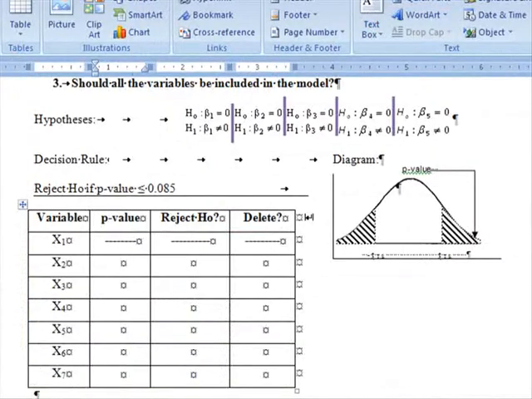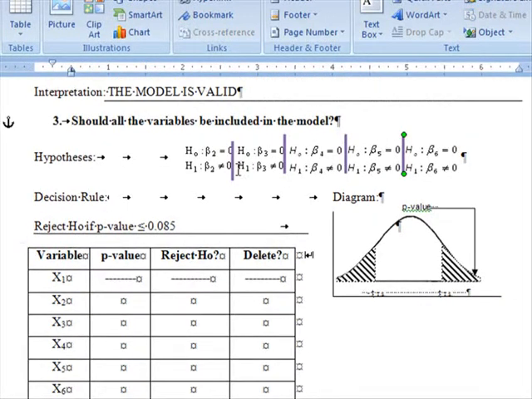For the individual t-test, my hypotheses are going to be individually written. Like if I'm performing 5 different hypothesis tests where I test that each of the betas equals 0 and each of the betas is not equal to 0. So basically we're doing 5 different tests here. And that's why I just asked you to do a general diagram where you know we're using the p-value approach.